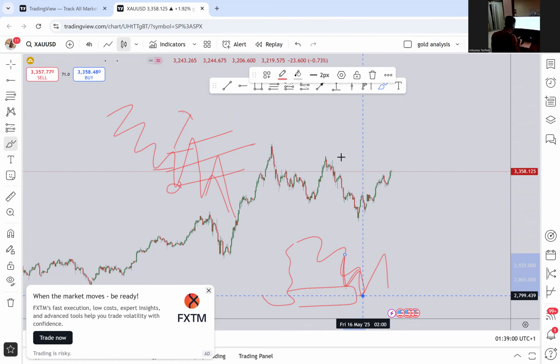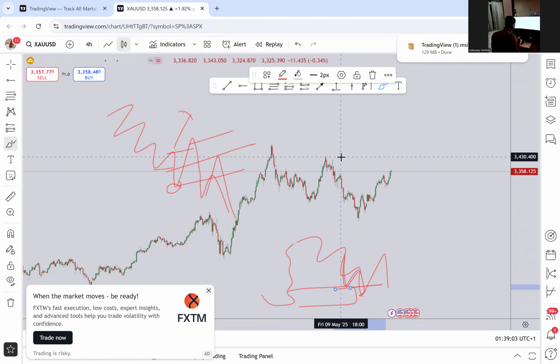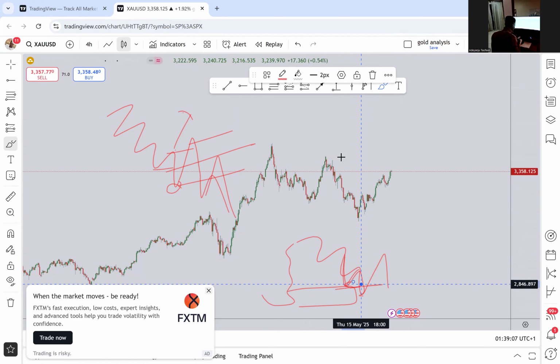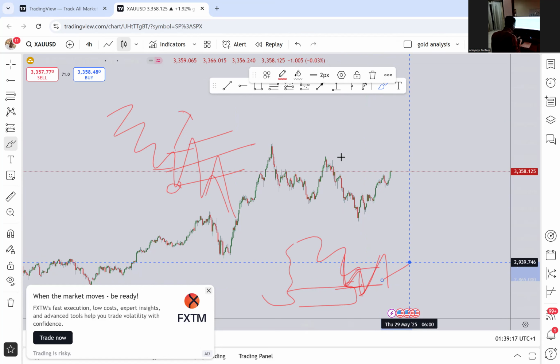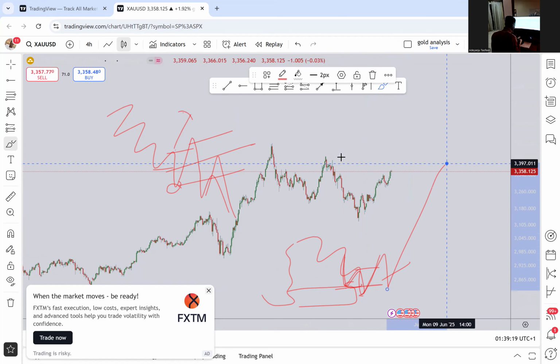So we have a break here, more like a tap out to tap liquidity, and then we have price breaking the high, and after that we take 50% of this level with Fibonacci and continue to buy. That's a reversal. That's the scenario we explained in our previous session. So we'll be looking at that on gold to further understand the process.